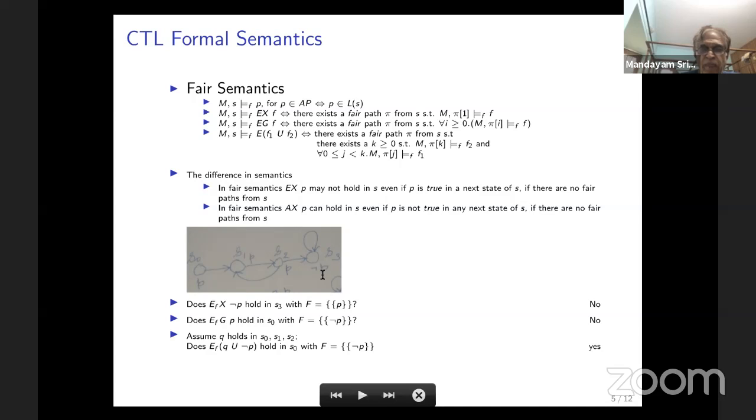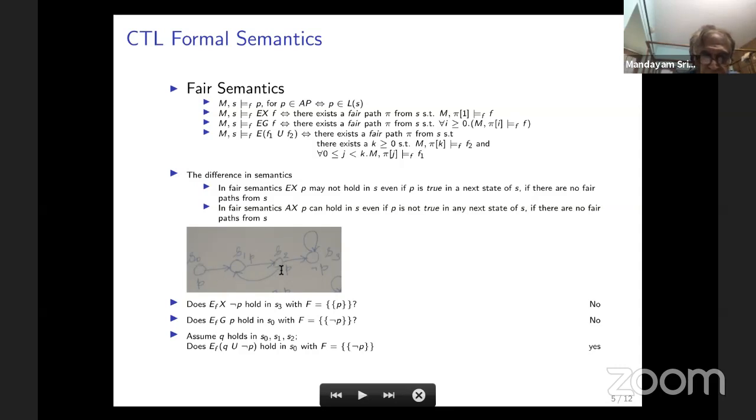Because not P holds infinitely often on the path. That is a fair path originating from S0, S1, S2, as well as S3, and that's the only fair path.